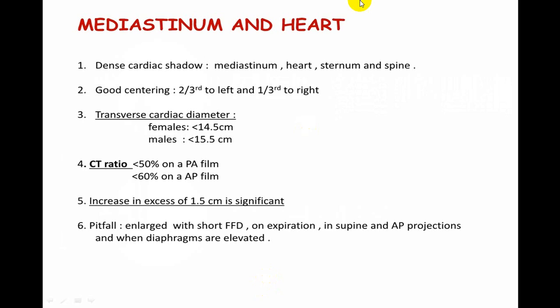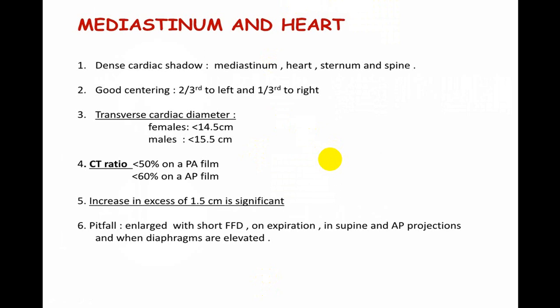Now what exactly is the mediastinum? The mediastinum consists of all the structures in the center part of the chest. Anteriorly there is the sternum, posteriorly there is the vertebra.